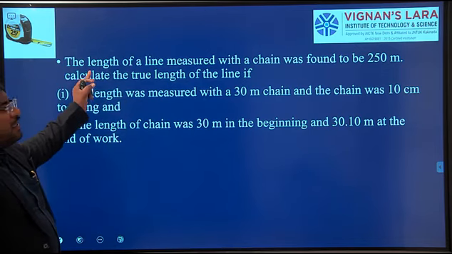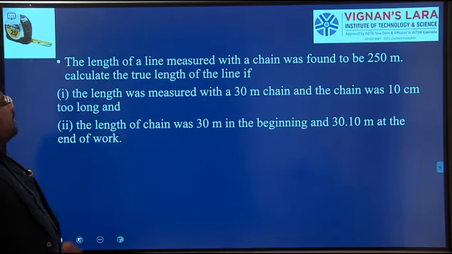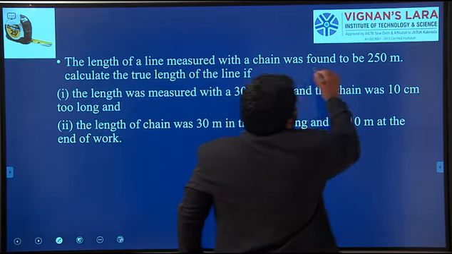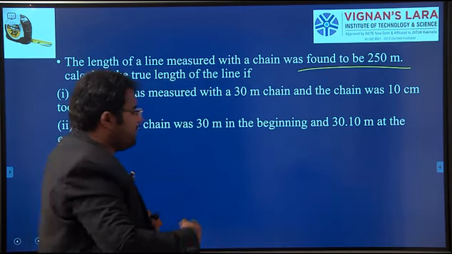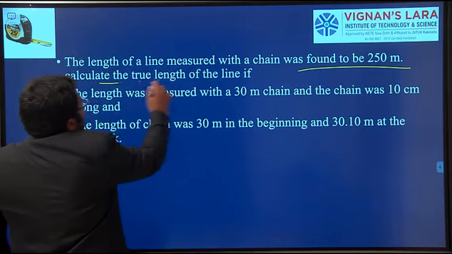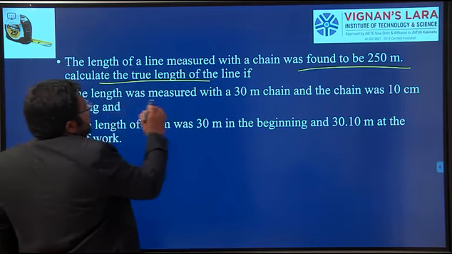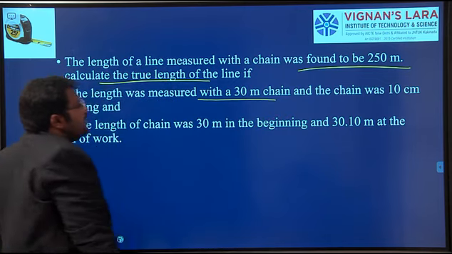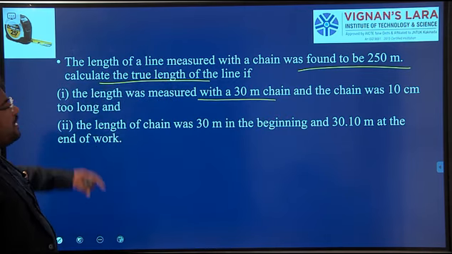The first problem is based on length. The chain is found to be 250 meters. Calculate the true length of the line if the length was measured with a tape of 30-meter chain and it was found 10 cm too long.